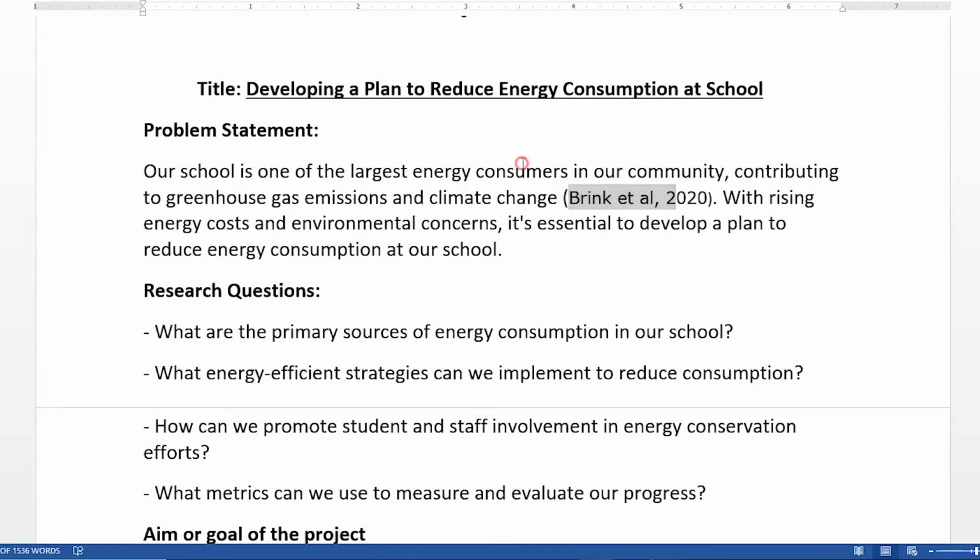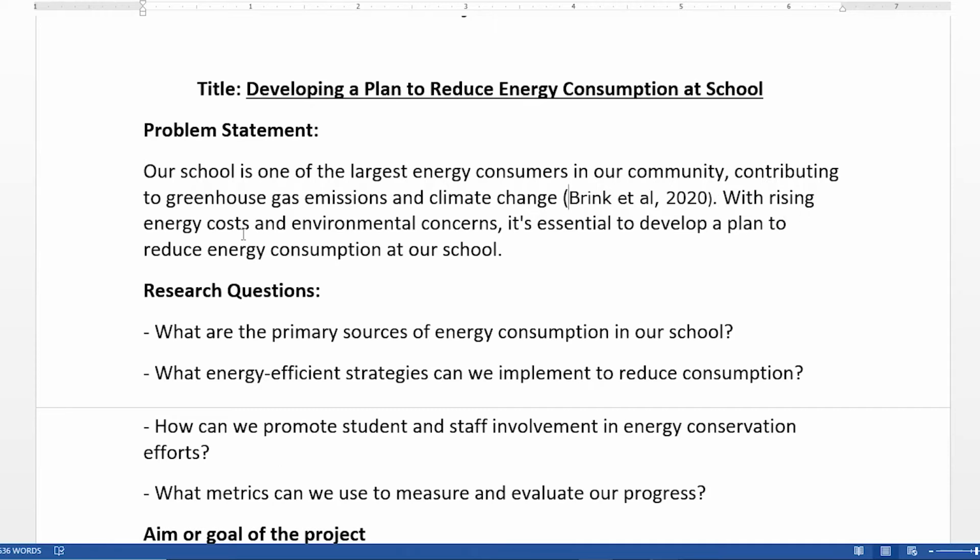So there is a problem coming from our school being a large consumer of energy, and the problem is greenhouse gas emission and also climate change, and that is highlighted by this person. With this reference, that learner qualifies to be scored for literature review, because by referring like this, it means the learner already did the project literature review.